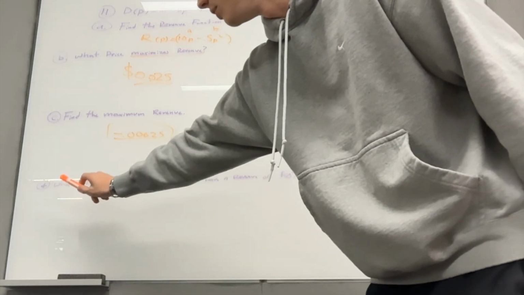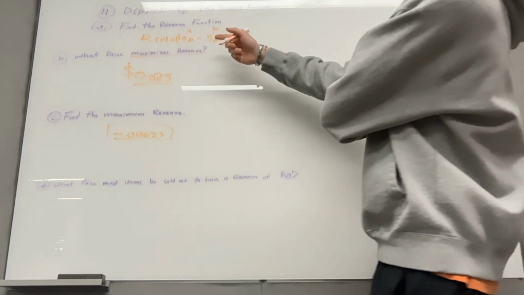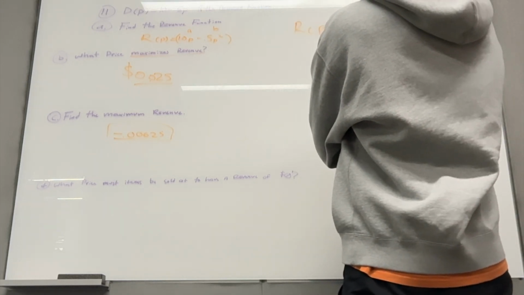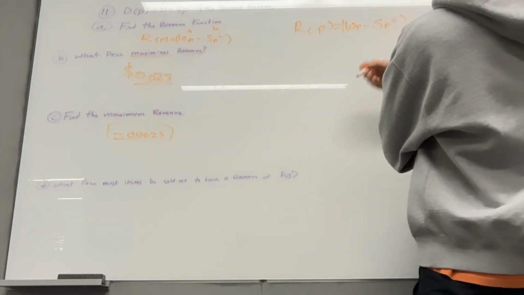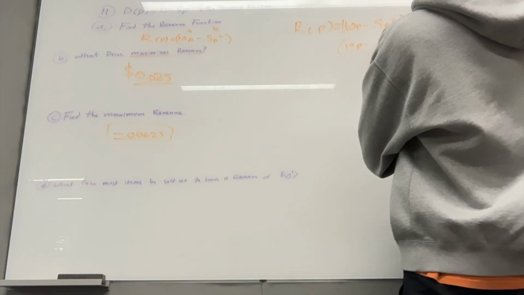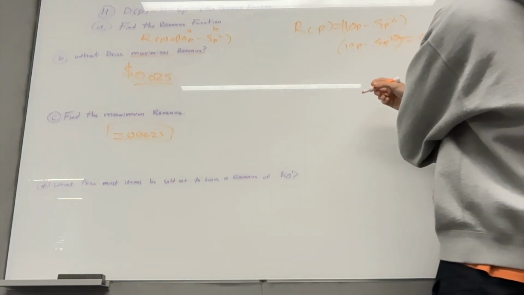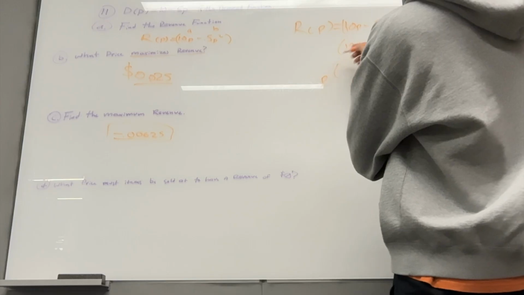Okay, for part D, we need what price must the items be sold at to have a revenue of 0. To do that, we'll start back with this. So it's R of P equals 10P minus 0.5P squared. And then we'll set this equal to 0, so 10P minus 0.5P squared equals 0. And then we want to put the P outside, so to make this one equal 0.